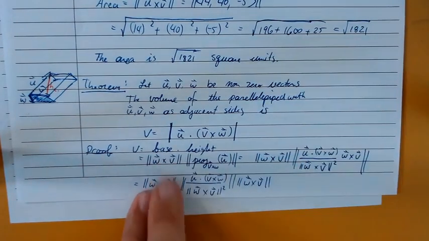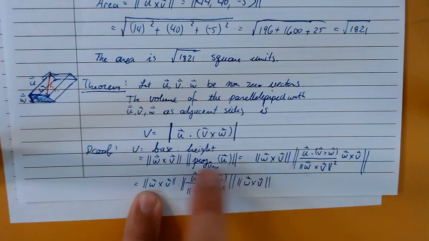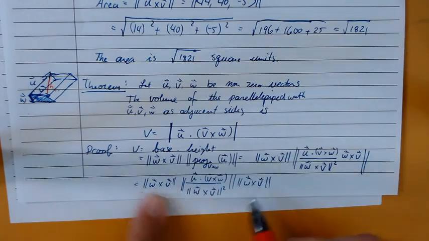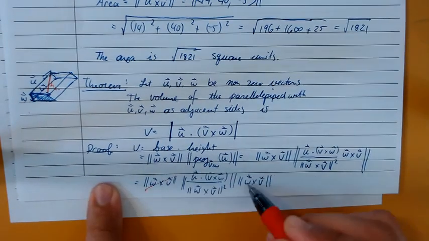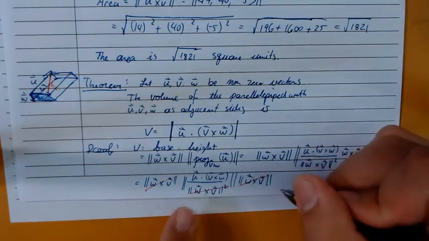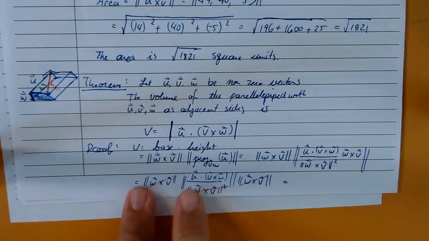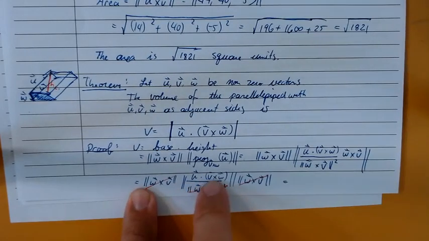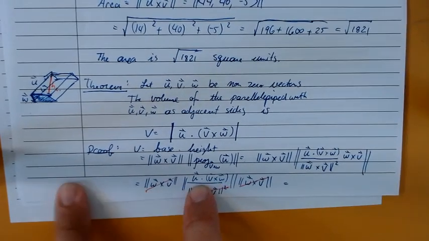That's my base, and this is my height, or rather the magnitude of my height. But notice that and that perfectly cancel this one. Two of those cancel with two of those. And so we're left with the magnitude of the triple scalar product. Oh, but that's not a vector, is it? That's just a number.